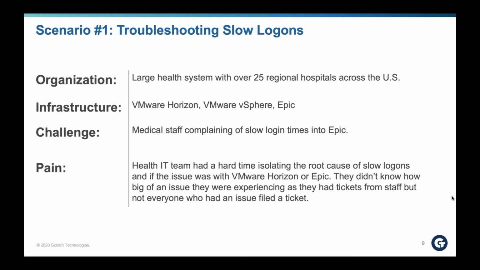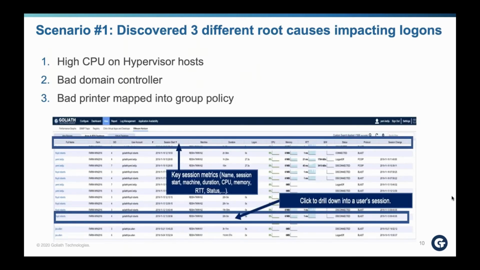Because of that, tickets were being opened, and doctors and physicians were reporting these things up to the CIO level. So there was a lot of pressure on IT to solve these issues and get at least an understanding as to what portion of the environment was actually impacting these delays. So before I jump into how they were able to do it, I wanted to point out a couple of things.